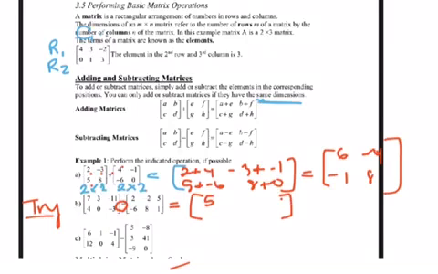Finish off this matrix. Once you finish that one, now if I look at C, notice I have 2 rows by 3 columns. And here I've got 3 rows by 2 columns. I cannot subtract because they're not the same dimensions.